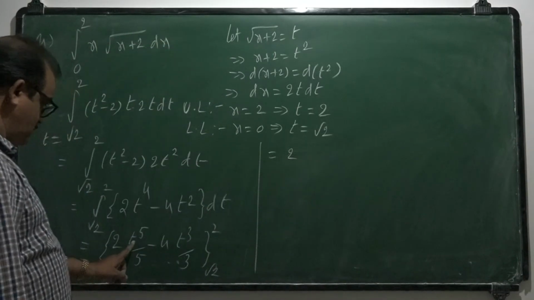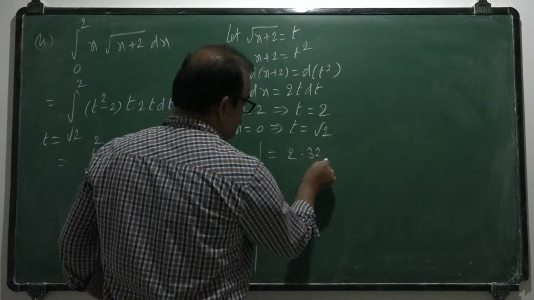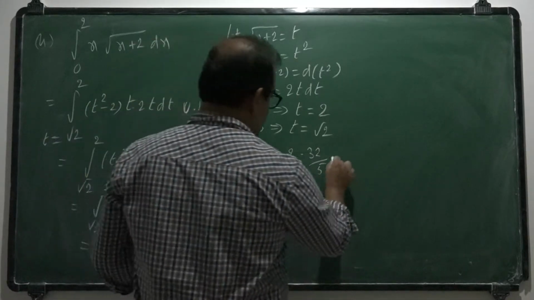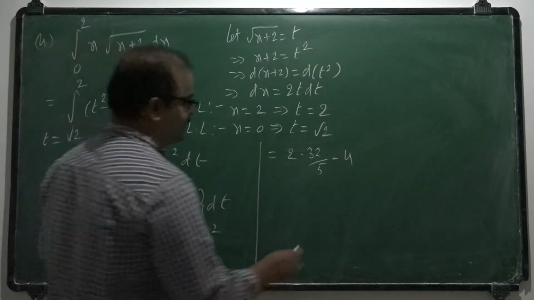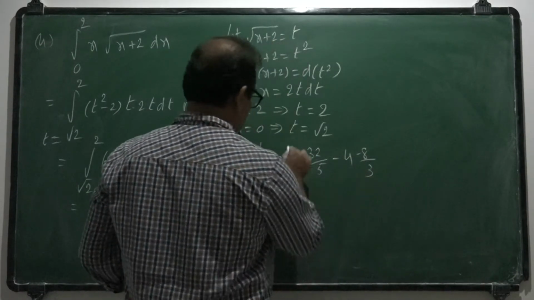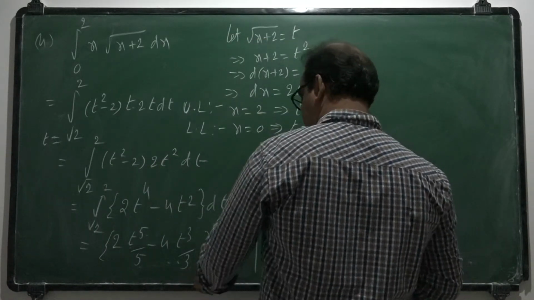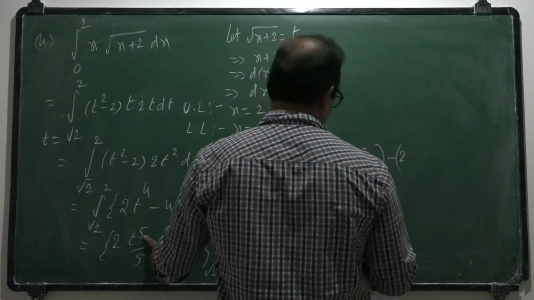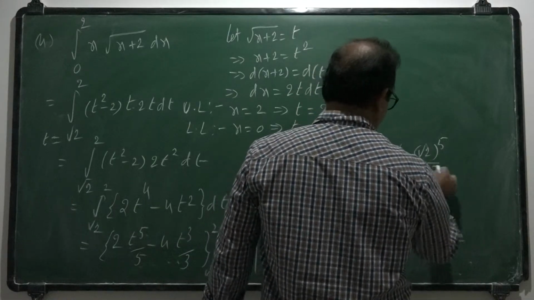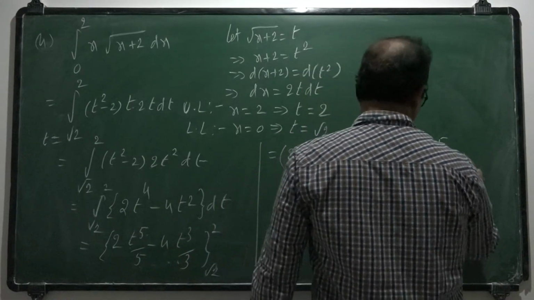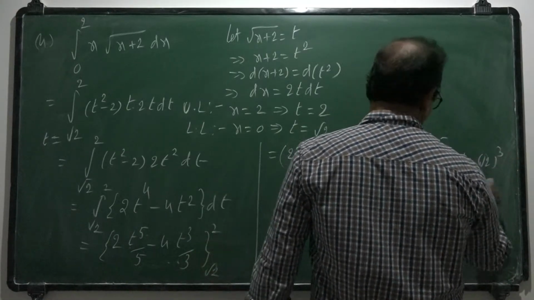Two into, put t is equal to 2, 2 power 5, 32 by 5 minus 4 into t cube, that is 2 cube, 8 by 3 minus 2 into, take the lower limit, root 2 whole power 5 by 5 minus 4 into root 2 whole cube by 3.